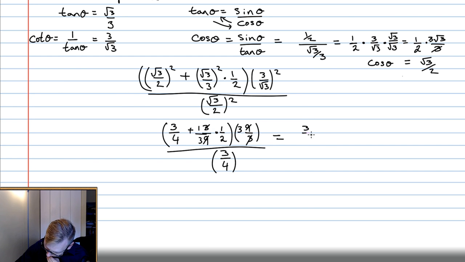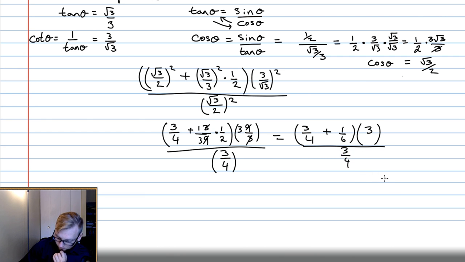We've got 3 over 4 plus 3 times 2 is 6. 1/6. Multiplied by 3. And we've got 3 over 4. And then what do we do? We've got to find a common denominator.